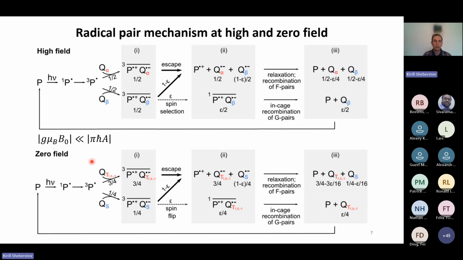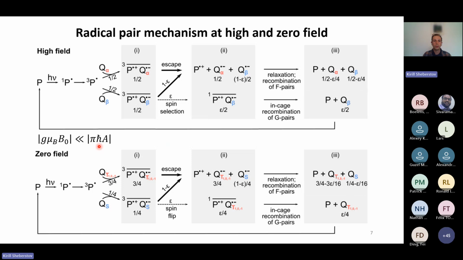One may wonder what the typical range of magnetic fields is where this mechanism is active. To answer this, the resonance frequency of the electron should be much smaller than the hyperfine interactions of the electrons with nuclei.